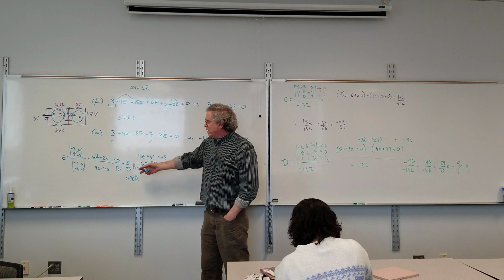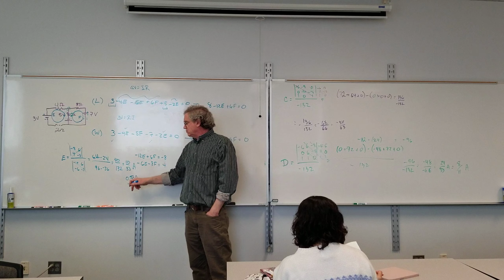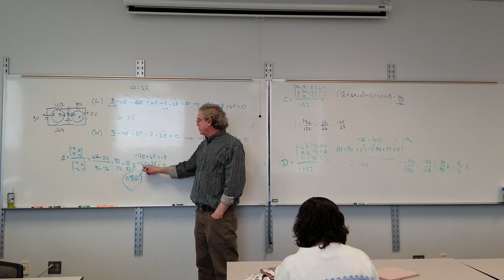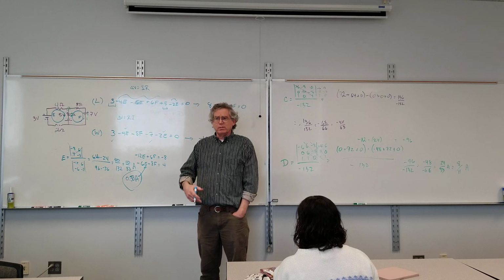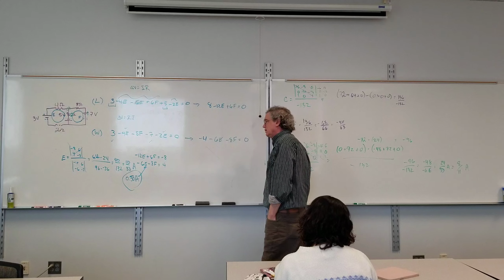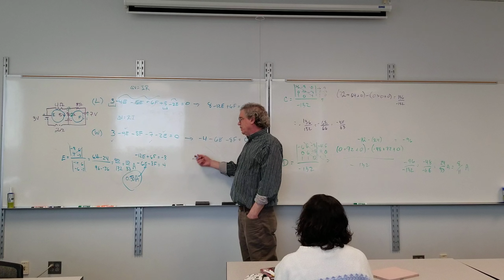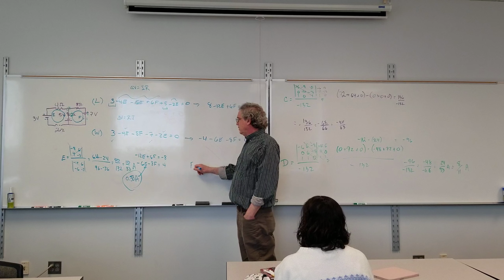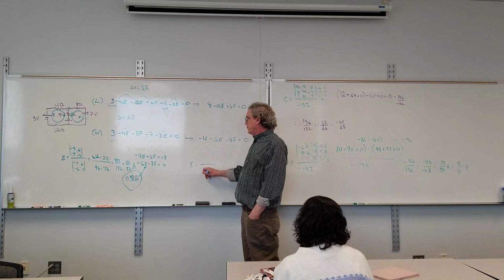Well, once I have one of these, I could take that, plug it in for E and solve it the old-fashioned way. I don't have to use Cramer's rule consistently. But I will. So F, the denominator, is 132.